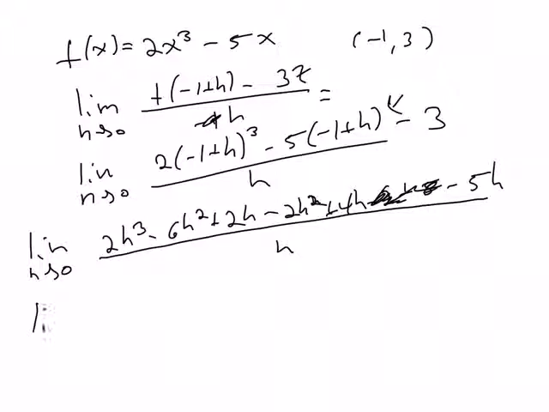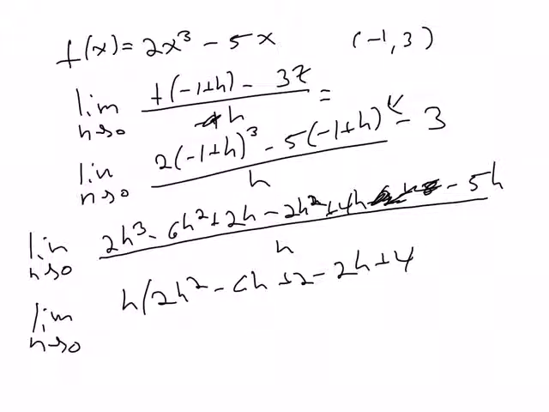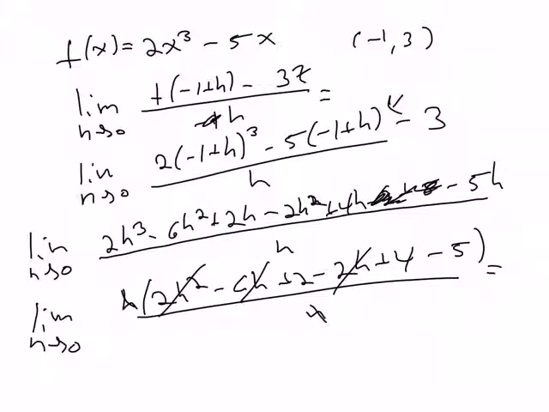So this is the limit as h goes to 0. And then you're going to have h. We're going to take out an h: 2h squared minus 6h plus 2 minus 2h plus 4 minus 5 over h. These h's cancel, and then when h is 0, everything with an h vanishes, so we're going to get 2 plus 4, 6, so this is going to be 1.